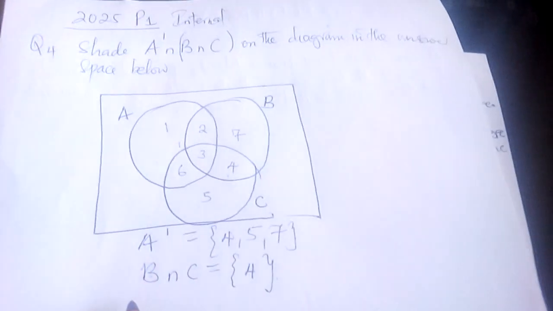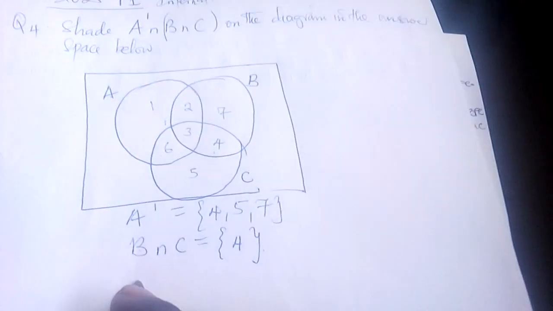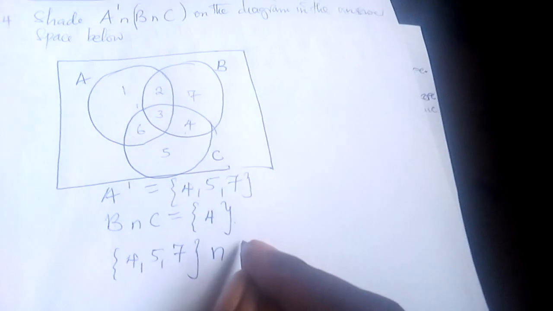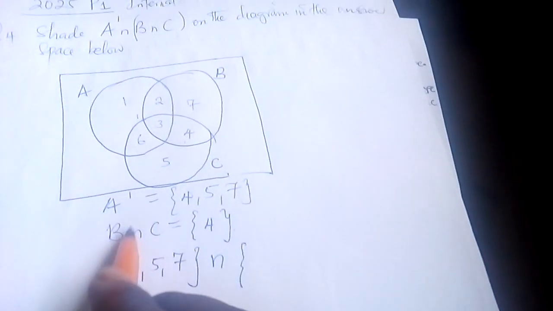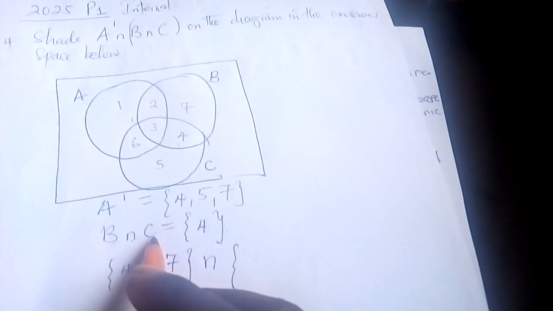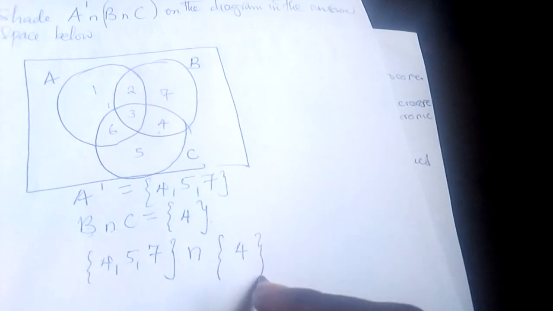Then we can now go ahead to answer the question. To answer this one, A complement, we have 4, 5, and 7. Then we have intersection, B intersection C, which we found to be 4.